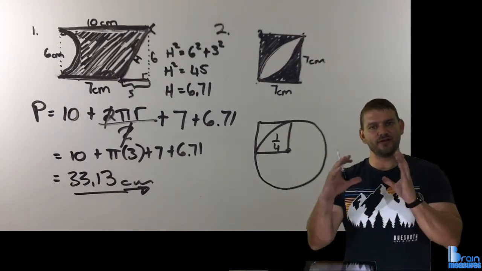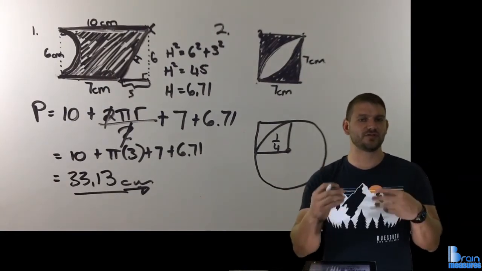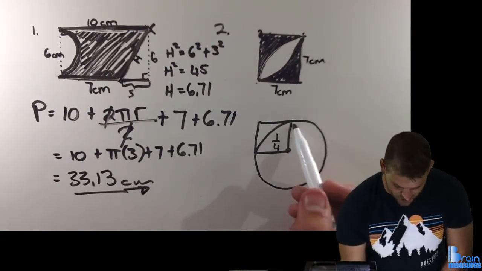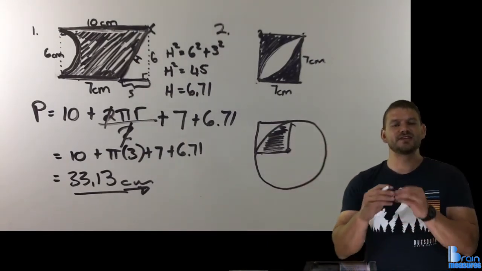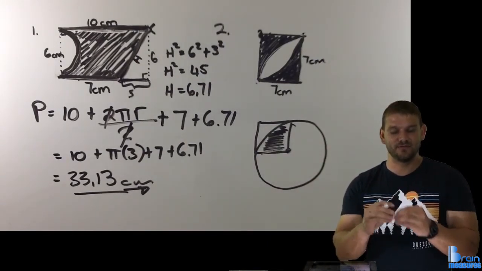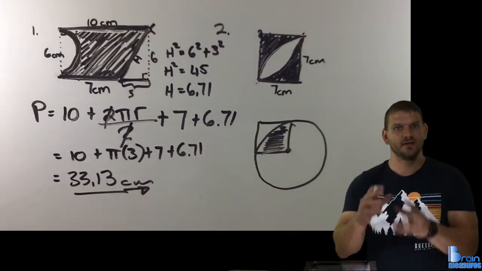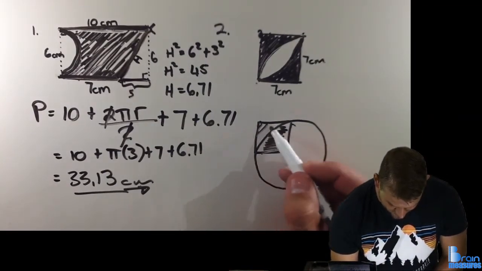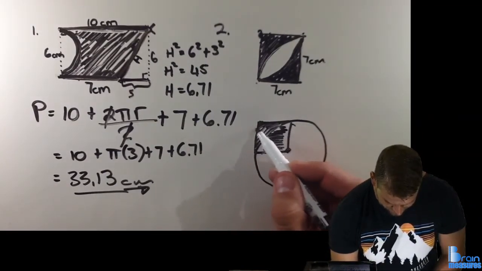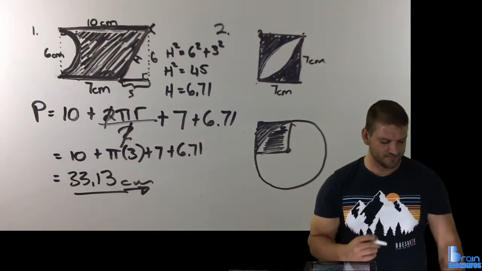So if I work out the area of the big circle and I divide it by 4, I will actually get the area of this little bit right here. If I then subtract that little bit from this area of the square, I will actually get the area of this little bit here. And I need 2 of them. And that's my plan of action.